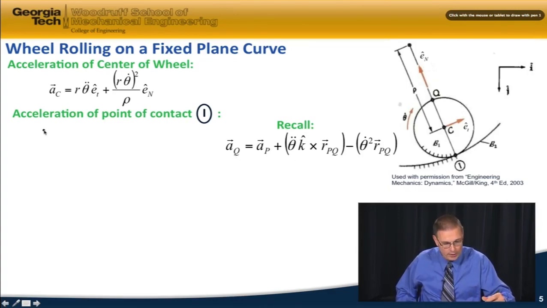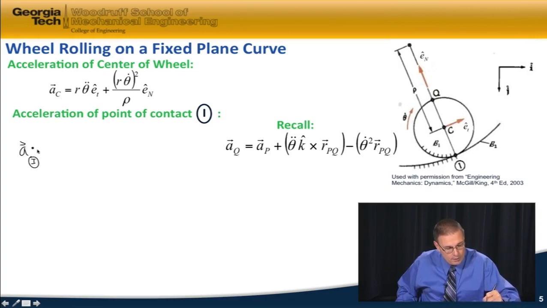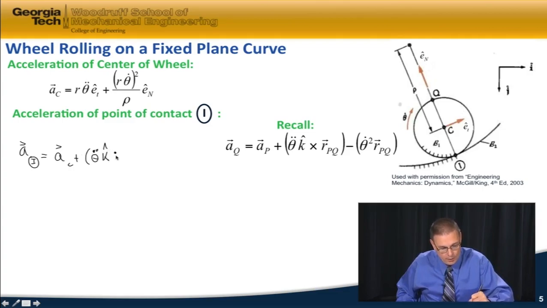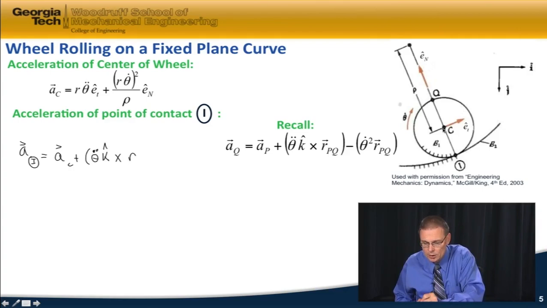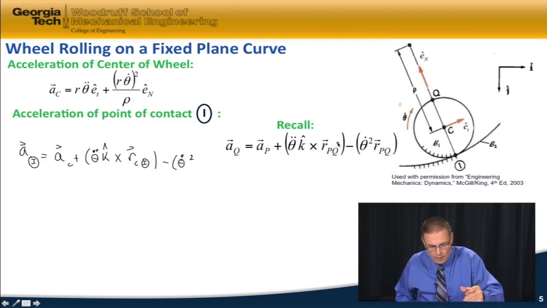So I've got the acceleration of I is equal to the acceleration of c plus theta double dot k crossed with r from c to I, minus theta dot squared r from c to I. We know the acceleration at c, we don't know it at I.